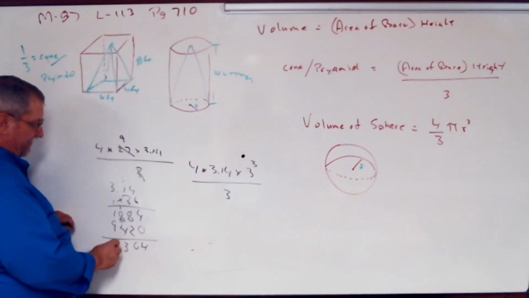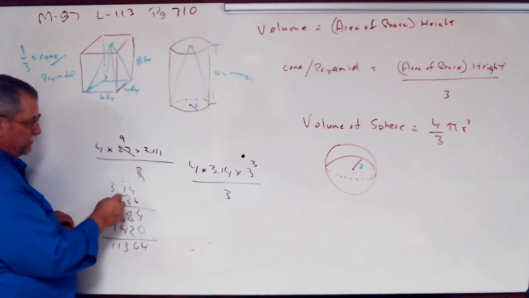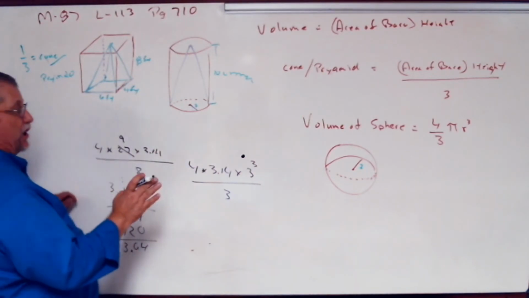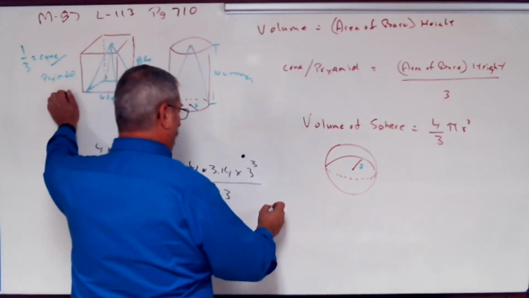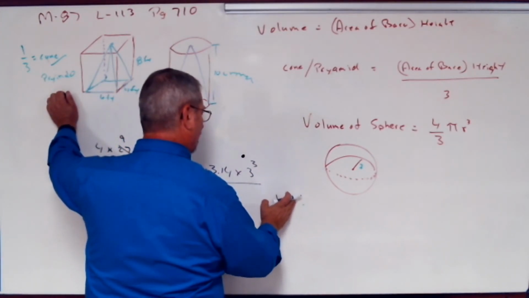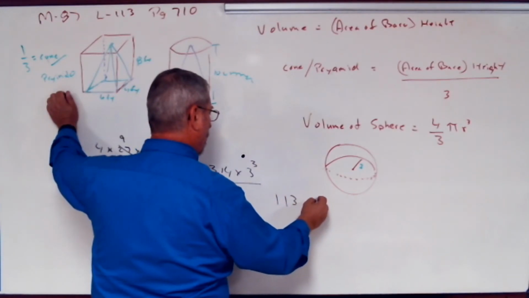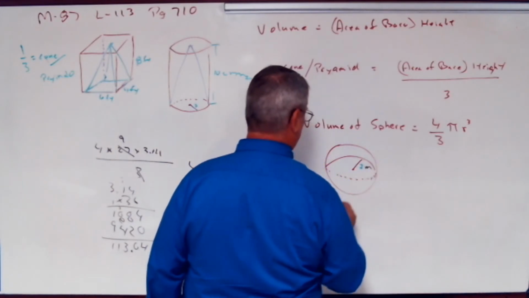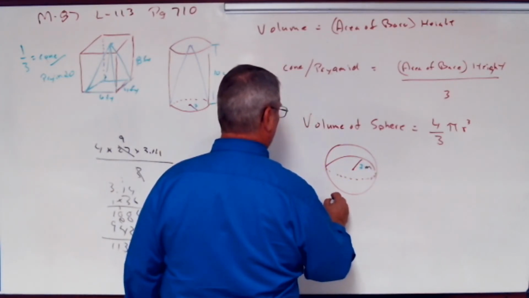And there's 2 decimal points. Okay, you still with me? So the volume of the sphere is 113.04. And let's just say this is meters, so this is meters cubed.